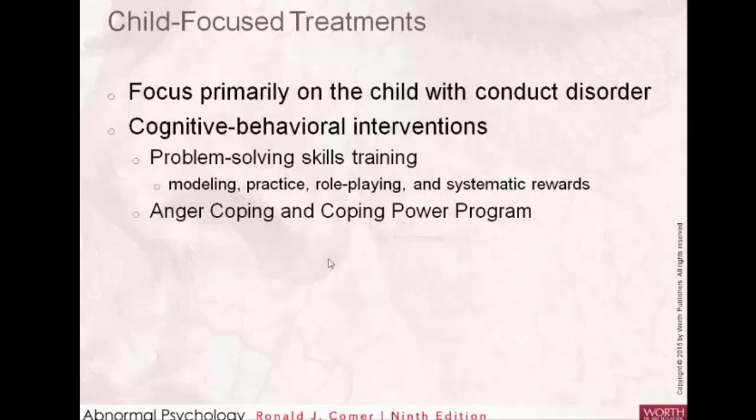And one of the things that Coping Power involves is setting goals. So you might set short-term goals, like this is where I want to be in the next week. And then longer-term goals, maybe this is what I want to do when I'm an adult. And so one thing that you find is that you get the best results when you tie what's going on currently with what they want to happen in the future. Like if the person says, well, I want to be a professional athlete.